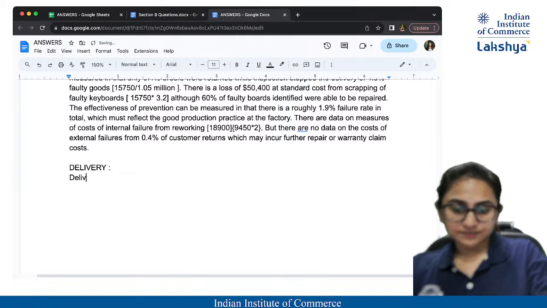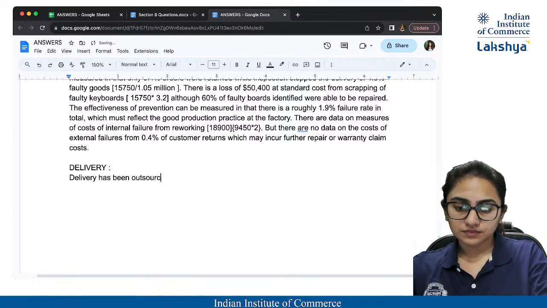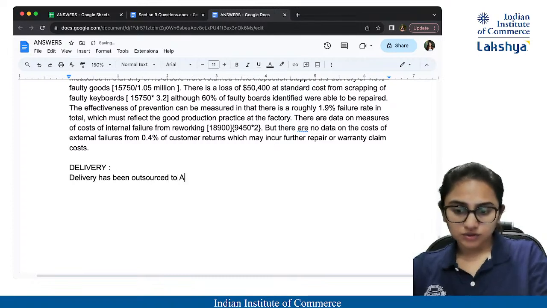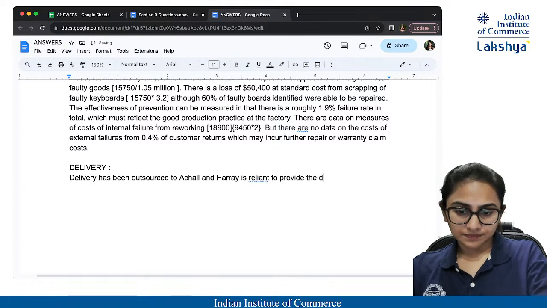So delivery has been outsourced to Actual, and Harry is reliant on Actual to provide the data on the quality of Actual's own service.